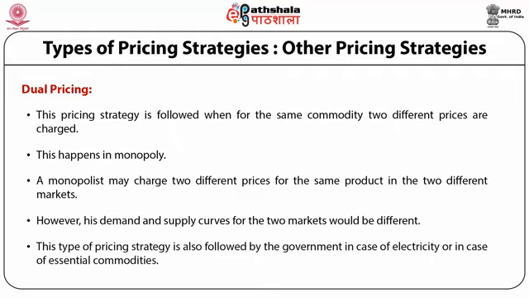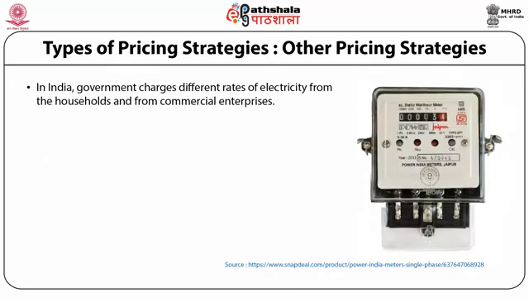This type of pricing strategy is also followed by the government in case of electricity or in case of essential commodities. In India, the government charges different rates of electricity from households and from commercial enterprises.